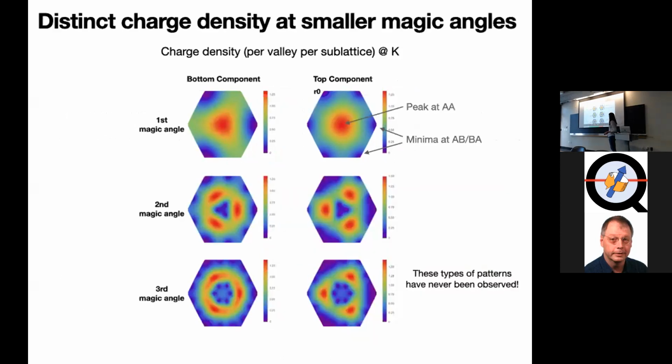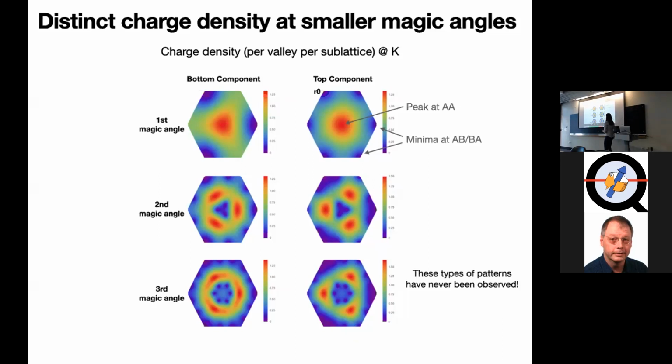What we next want to do is look at the charge density at the other magic angles. The top is the same plot that I showed on the previous slide, the first magic angle. But at the second and third magic angles, the peak structure is very different.